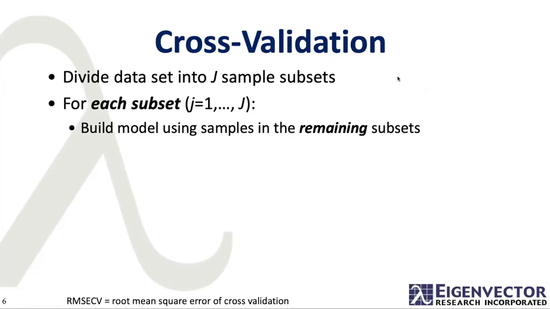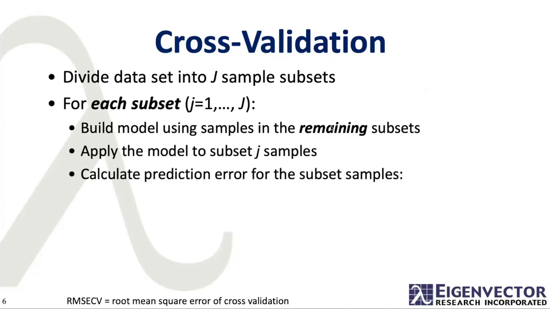So let's say we divide our data set into J equals 5 parts. We build a model using 4 out of 5 of those parts and apply that model to the last one. Then we calculate the prediction error for that subset of samples.